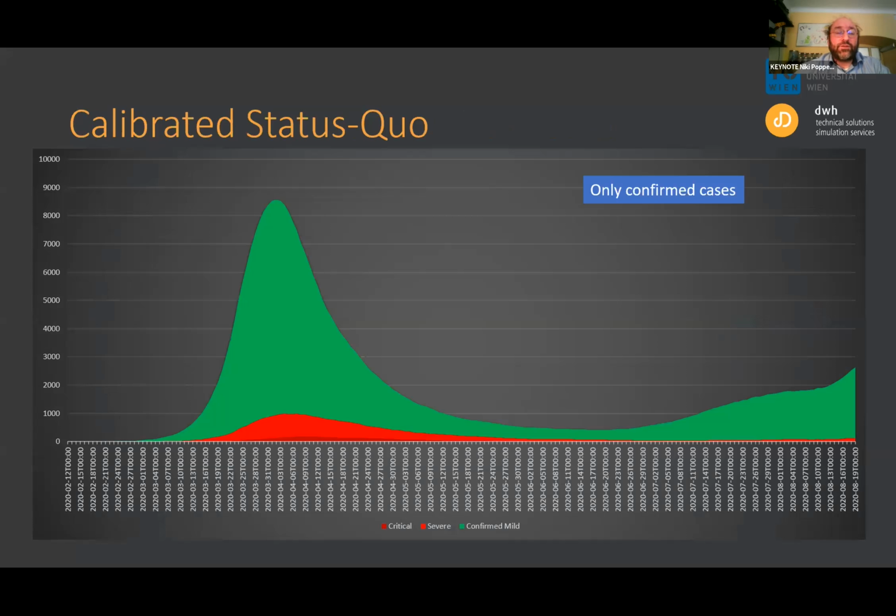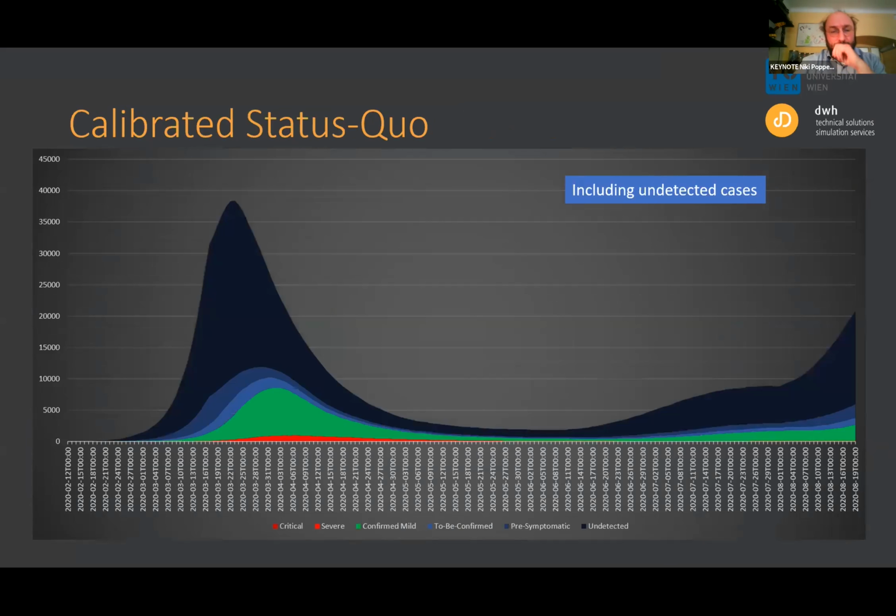One main thing, of course, is the calibration of our models. So what we in the first step always have to do is to calibrate the model. So the whole agent-based model every week, every day if necessary, is calibrated to the historic known flow of the pandemic, with confirmed cases, with critical and severe cases in hospitals and ICUs.